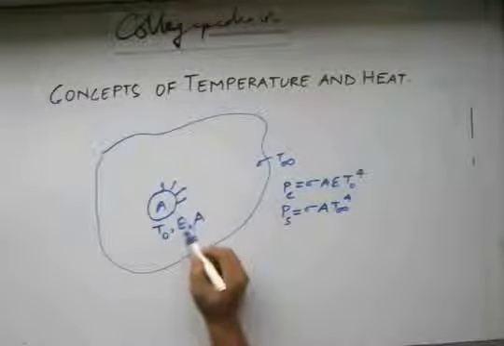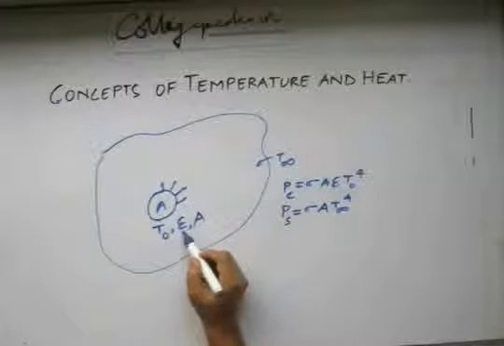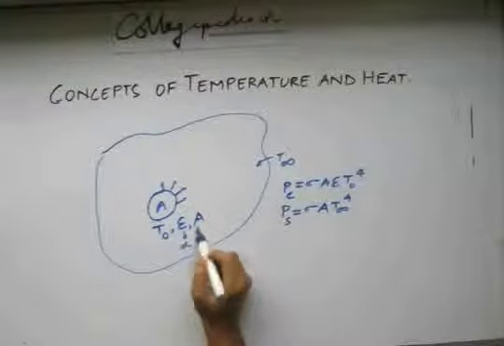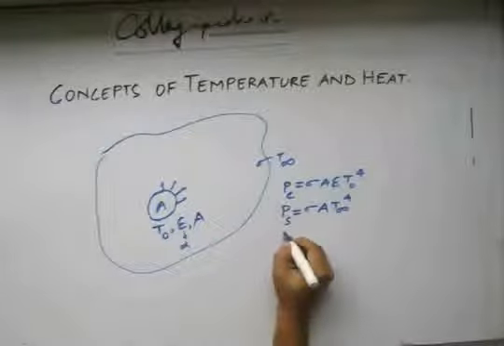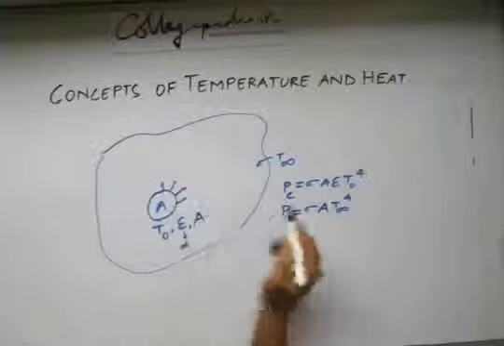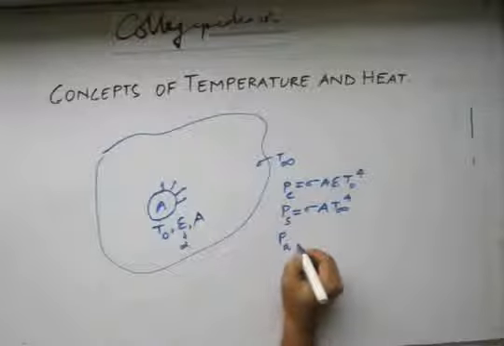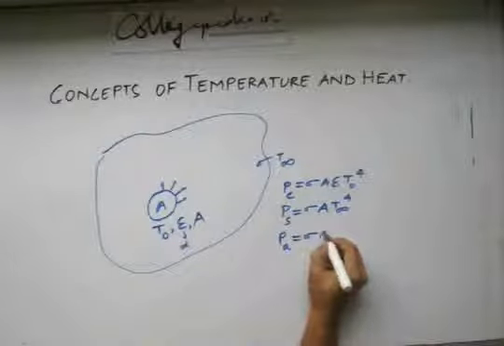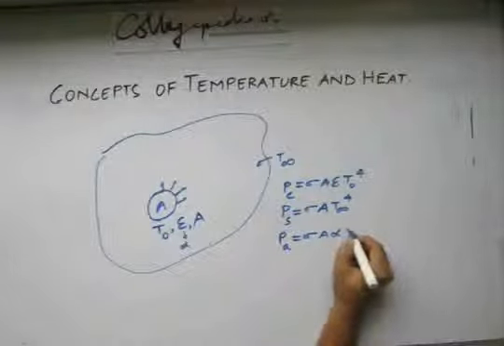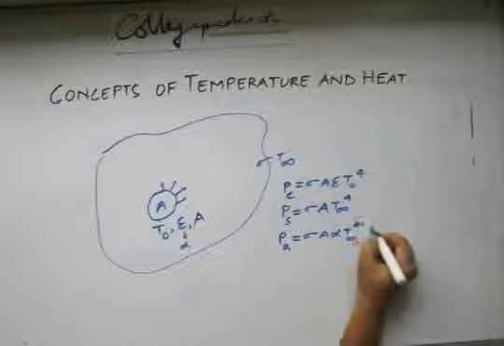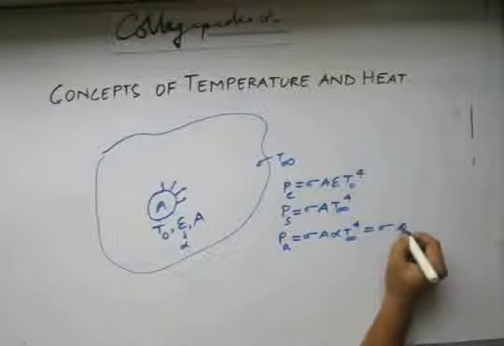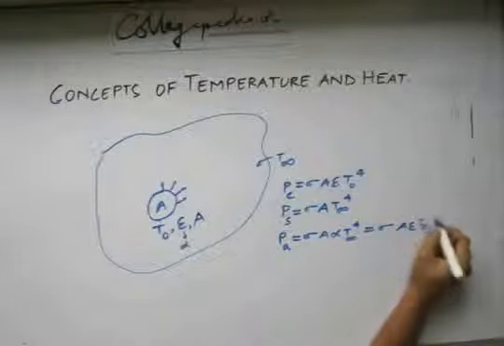So if the body has epsilon as the emissivity, its absorptivity alpha is also going to be epsilon. So the power which is absorbed by this body, say that is, let's say, PA, this is going to be sigma A alpha T infinity to the power 4 or sigma A epsilon T infinity to the power 4.